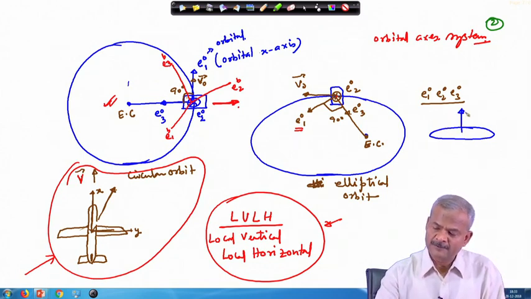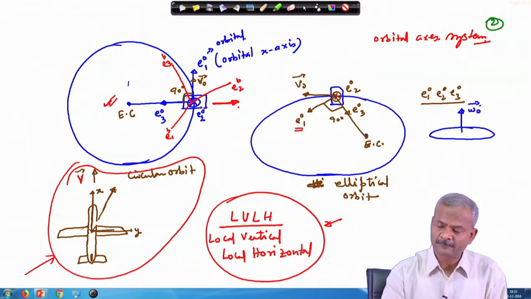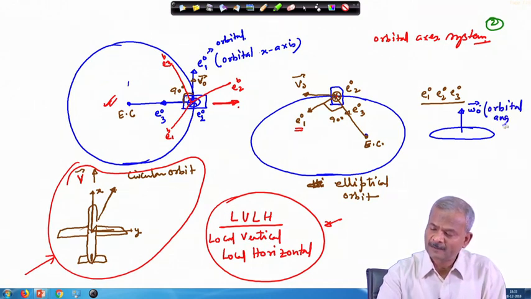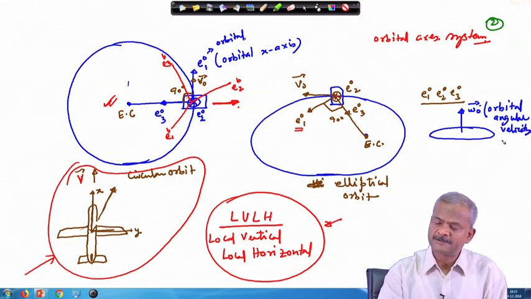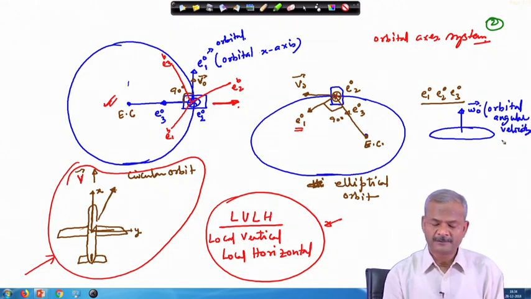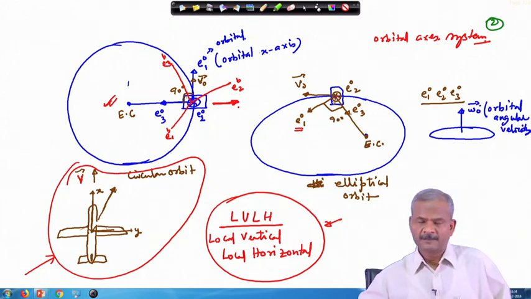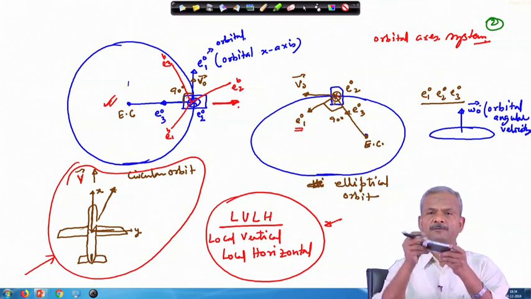So, your angular velocity of the satellite, this is called the orbital angular velocity, which is different from the angular velocity of the satellite with respect to this body axis. Like I have this mobile, and this mobile is rotating.